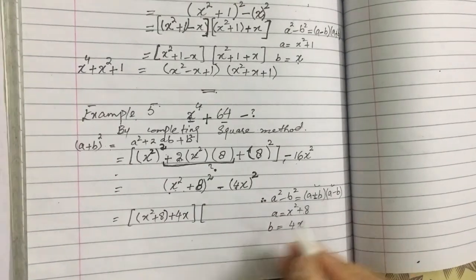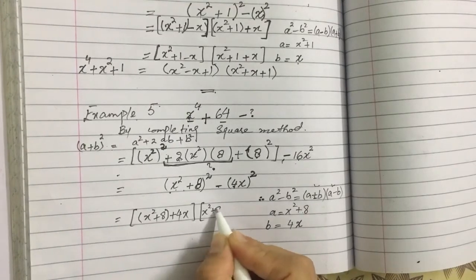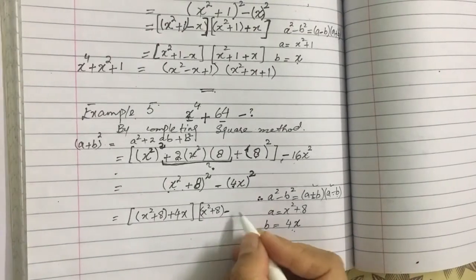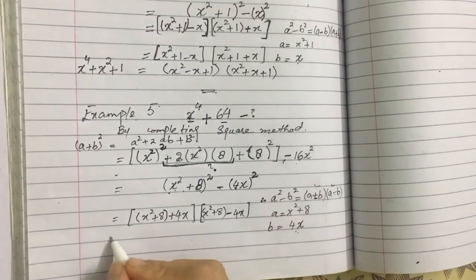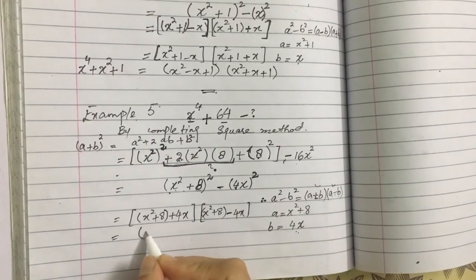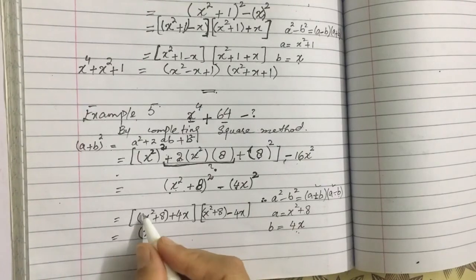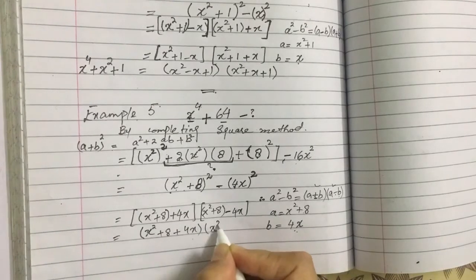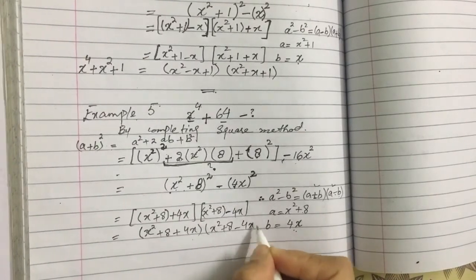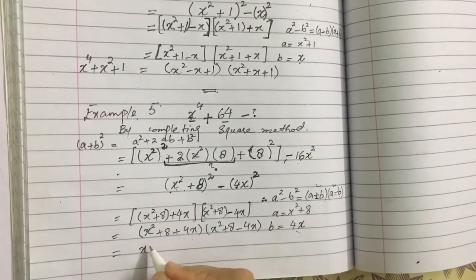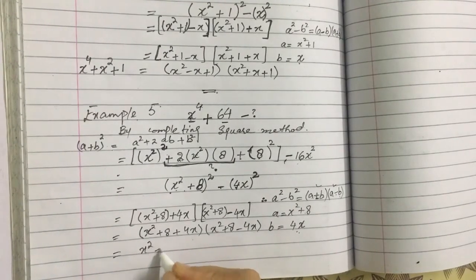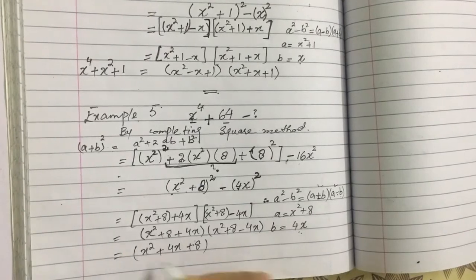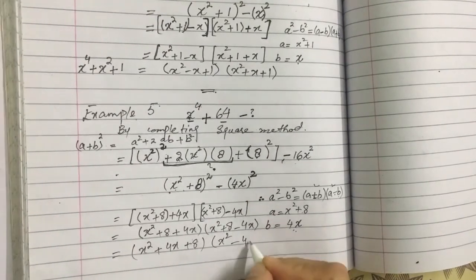Next, a, the value of a, that is x square plus 8, minus comes from the formula, b, the value of b is 4x. Next I am going to expand this bracket: x square plus 8 plus 4x, then x square plus 8 minus 4x. Now arrange it: x raised to power 2 plus 4x plus 8, x raised to power 2 minus 4x plus 8.